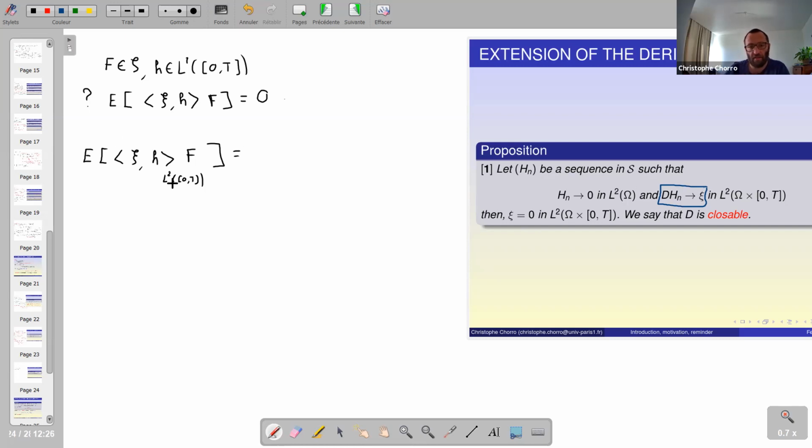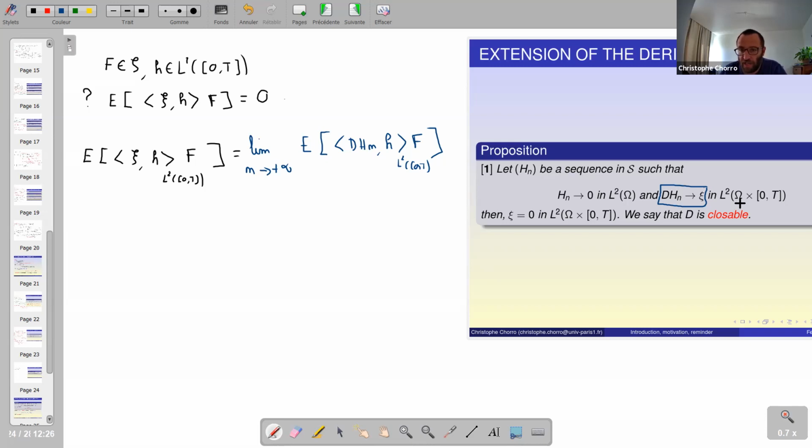And since I have this expression here, I can write it as the limit when n goes to plus infinity of the expectation of the scalar product of D of Hn with H, times F, in L2 of 0 capital T. And why do I have this? Because I have this convergence in this space.